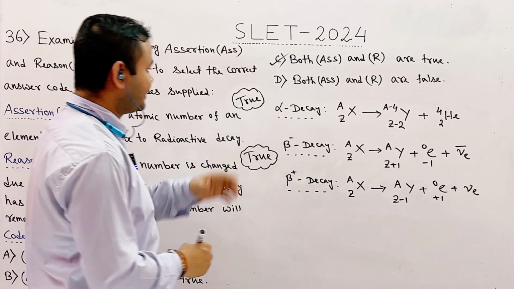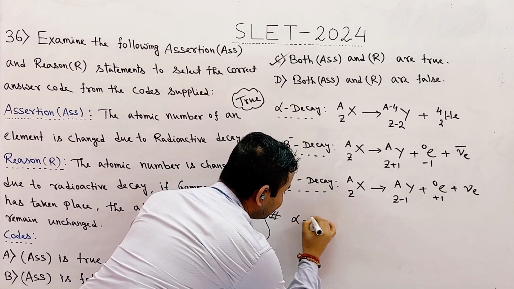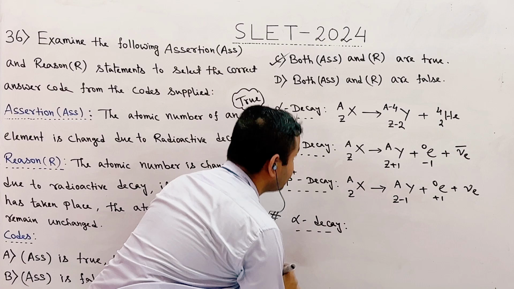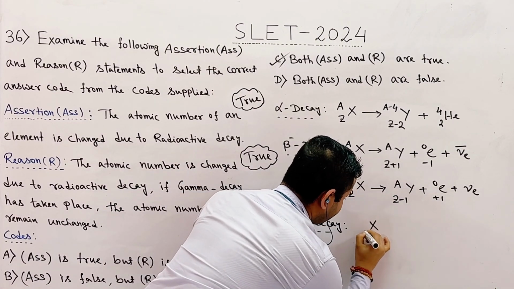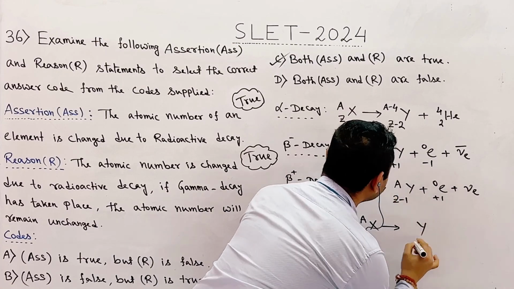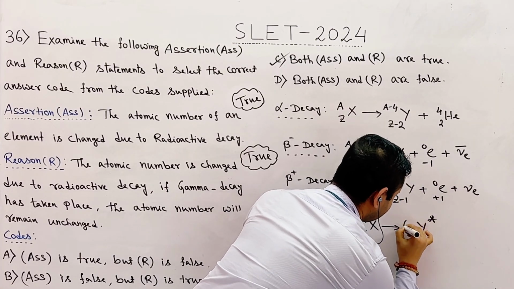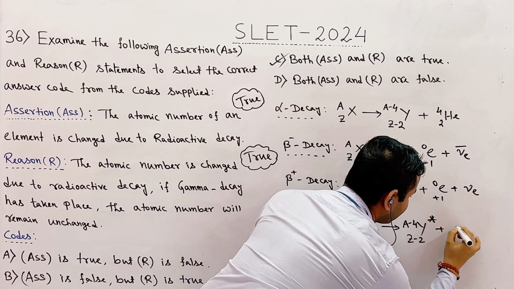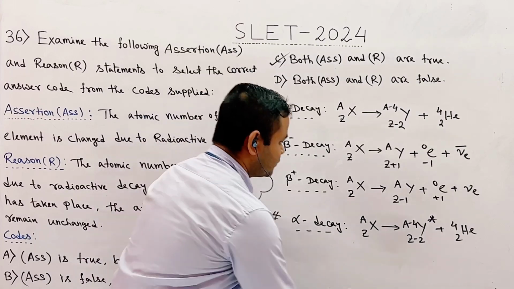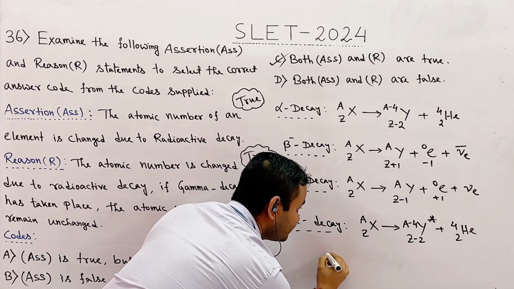Now, let me write these points. Suppose this is the case of alpha decay. X is the parent nucleus, we get a daughter nucleus which is in excited state, plus 1 alpha particle. So to achieve stability, this daughter nucleus emits one gamma photon.